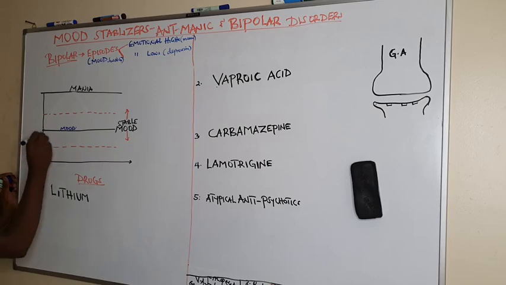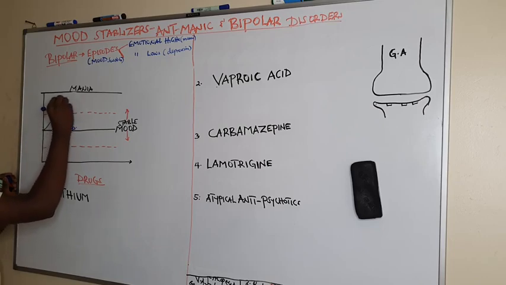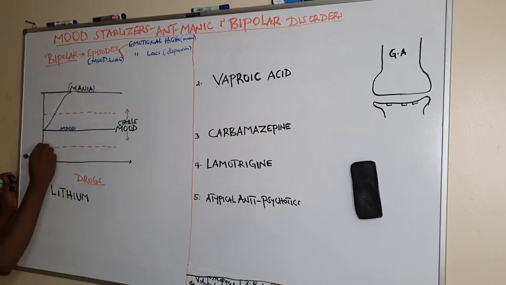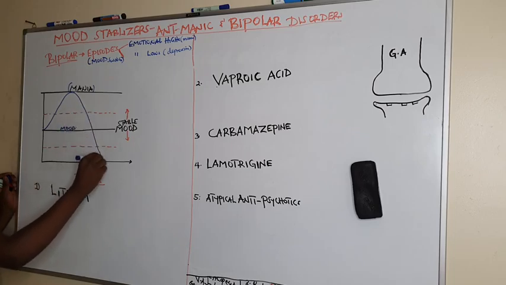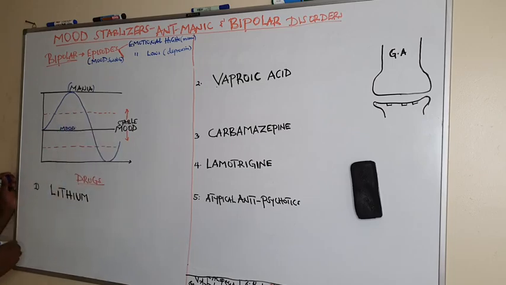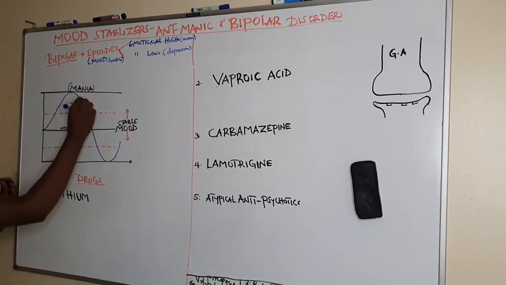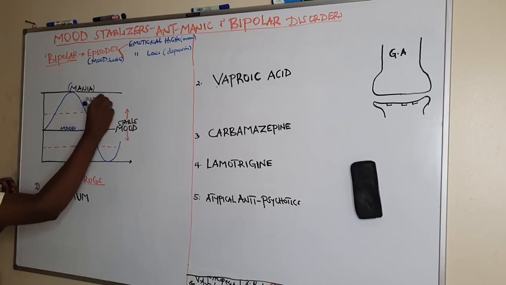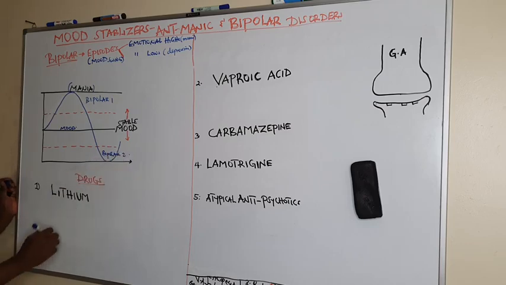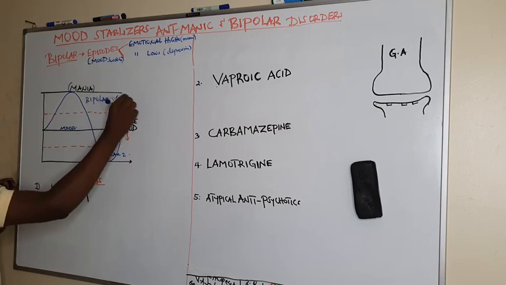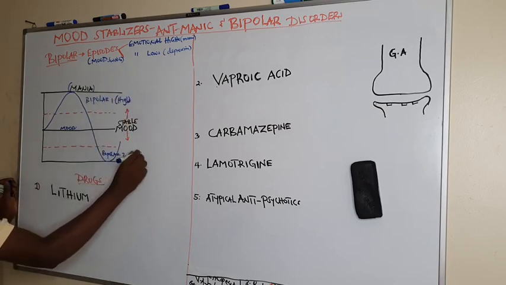You find someone with bipolar disorder at one moment goes into mania, with emotional highs. Then after some time, they switch to emotional lows. This one is bipolar 1, and this one becomes bipolar 2. This is emotional highs, then this is emotional lows, which is depression.